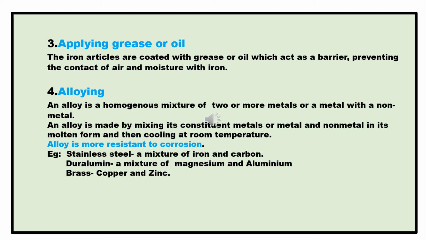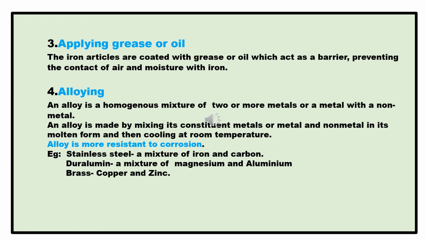The resulting metal that we get is called an alloy. An alloy is more resistant to corrosion. Why do we want to make an alloy? Because alloys are more resistant to corrosion or rusting.